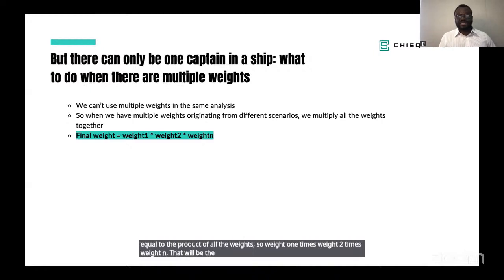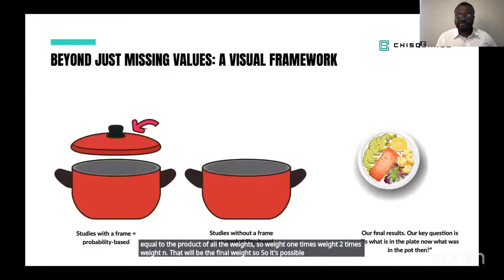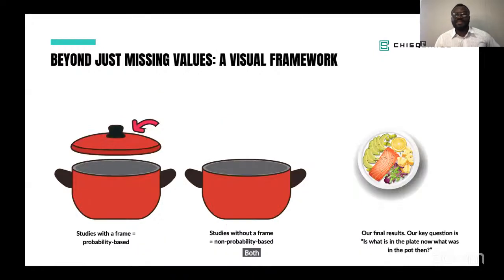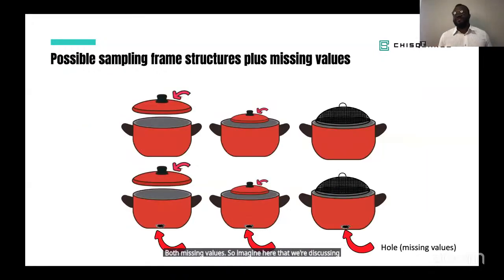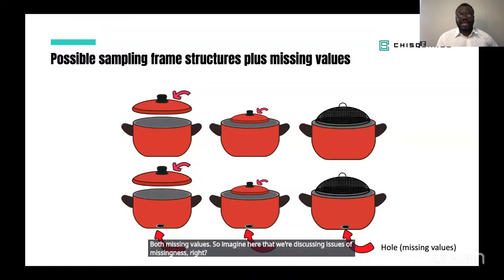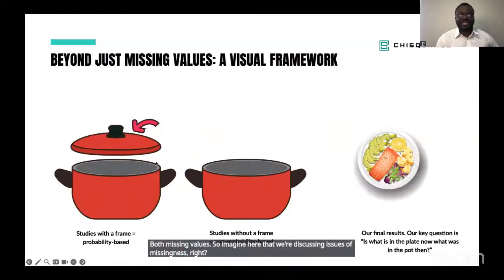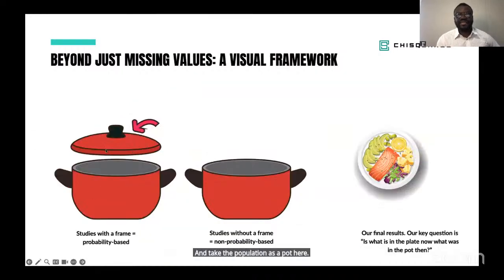So in this, it's possible for you to have both missing values. So imagine here that we're discussing issues of missingness, right? And take the population as the pot here and the sampling as the cover. So when you don't have a cover, when there's no sampling frame, that means that your study is non-probability based.